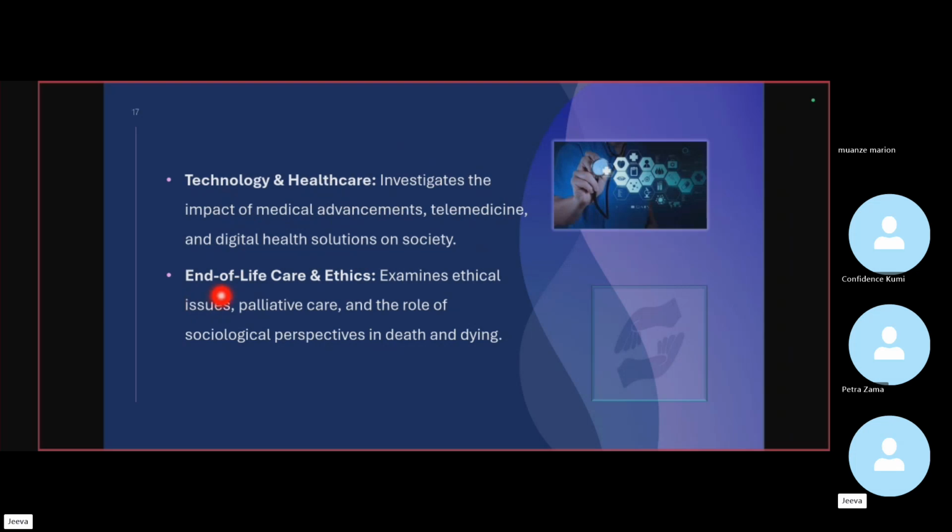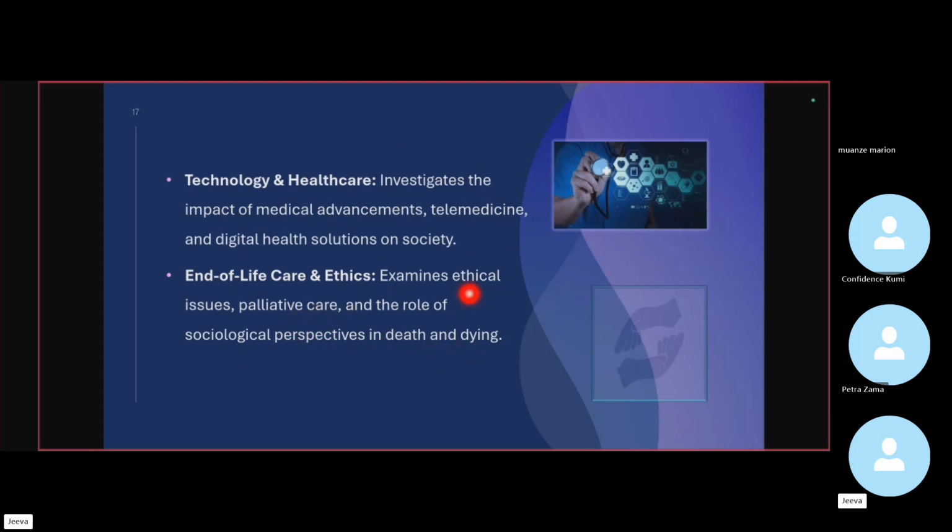Understood? Then end of life care and ethics. That is, it examines the ethical issues, palliative care, and the role of sociological perspectives in death and dying. There are people who are very sick and not able to come to the hospital. For them, there will be palliative care. That is, the medical professionals will come to their home and provide the medical facilities at home.